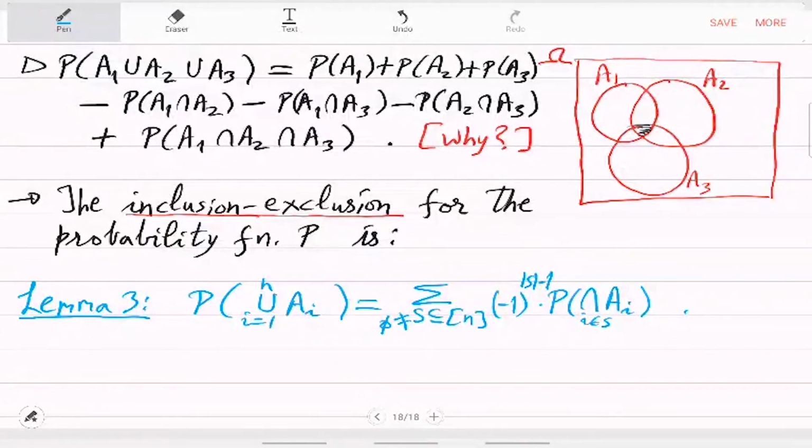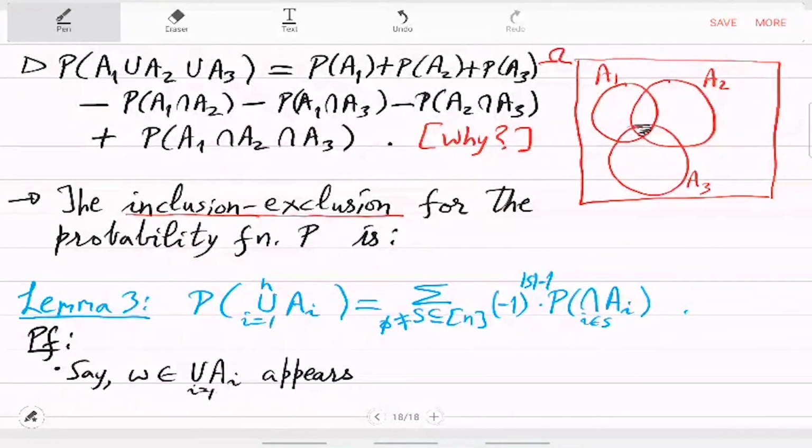So, what is the general proof of this? A general proof is simply by looking at an element and seeing that it is correctly counted in the RHS. So, say element omega appears in K of the Ai.